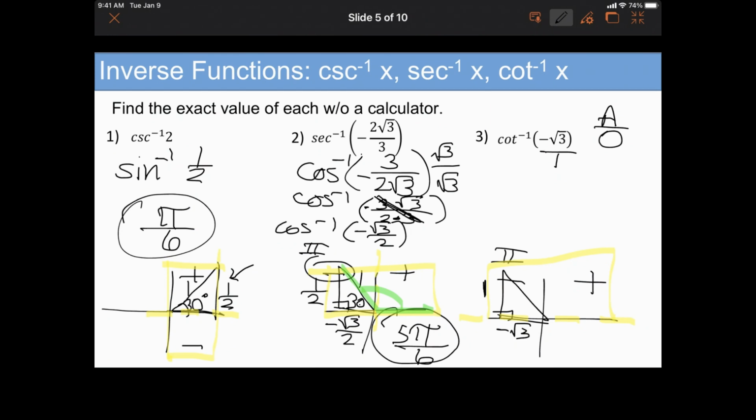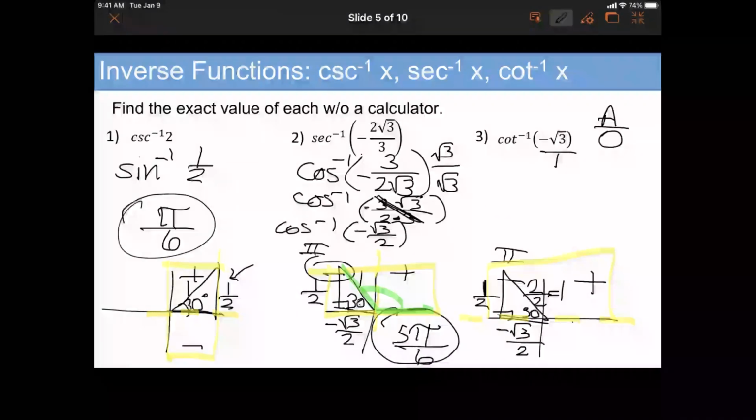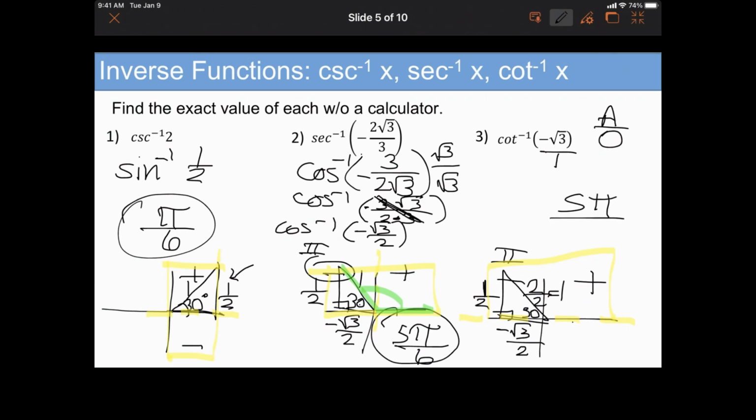And hopefully you remember this. This will give me hypotenuse of 2. If you divide everything by 2, you can see this is also a 30-degree angle. Man, I have a lot of 30-degree angles today. And this is that one, same. So it's 5 pi over 6. Okay.